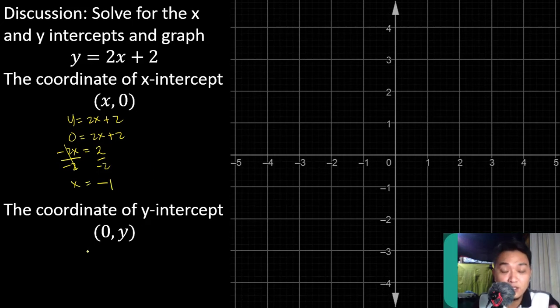Now, how about for the y-intercept? So pag y-intercept, 0 naman si x. So y is equivalent to 2x plus 2, 0 si x, so y is equivalent to 2 times 0 plus 2. Ito ata siguro yung pinakamadaling i-solve kasi once na ma-0 mo dyan si x, pati yung slope nagiging 0 because you are going to multiply 2 times 0.